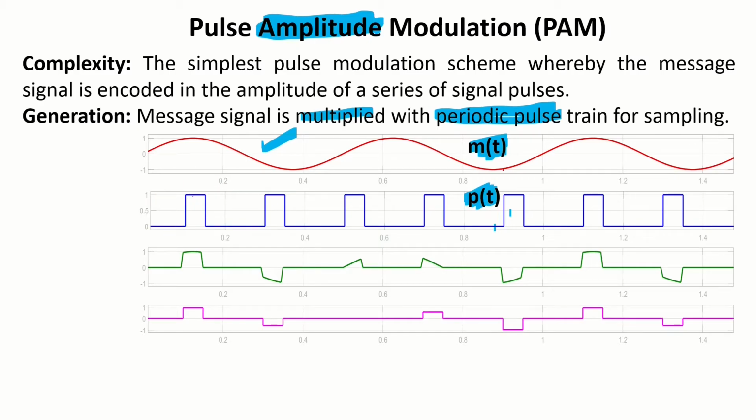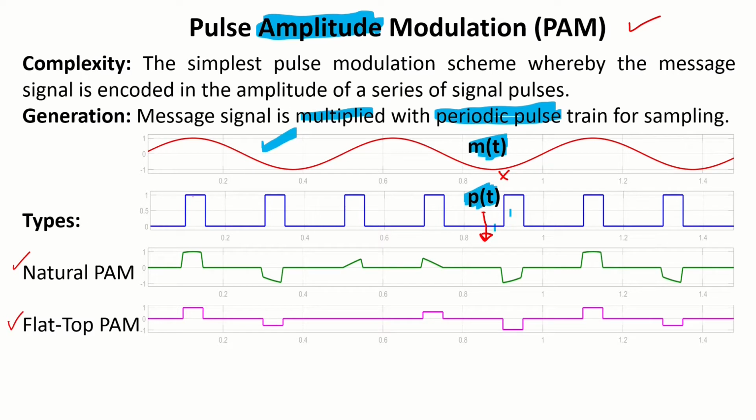Now multiplying this message signal with the periodic pulse train would lead us to the pulse amplitude modulated signal, and for that we have two different types. The first one is natural PAM and the second one is flat top PAM. Note that if we multiply these two together, we would have this signal which would be multiplied with 1 the first instant when the gate is open.